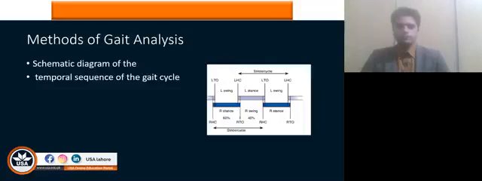Let's continue. Now this is important in understanding how to understand gait, we need some methods to help us understand or analyze this gait. So, what is necessary is to measure certain characteristics of the gait which are understandably important.